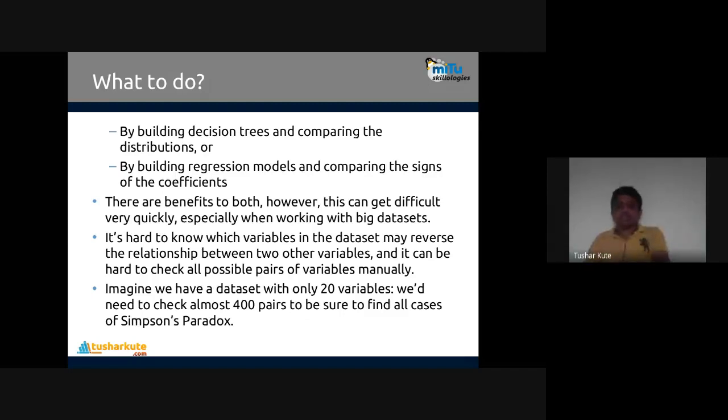So imagine a data set has 20 variables. How many pairs do you have to check? 20 into 20. Okay. So we'd have to check almost 400 pairs to be sure to find all the cases of Simpson's paradox.